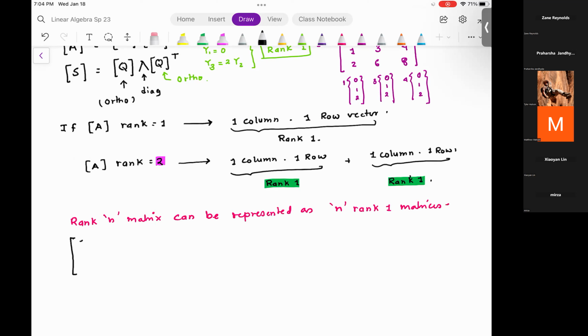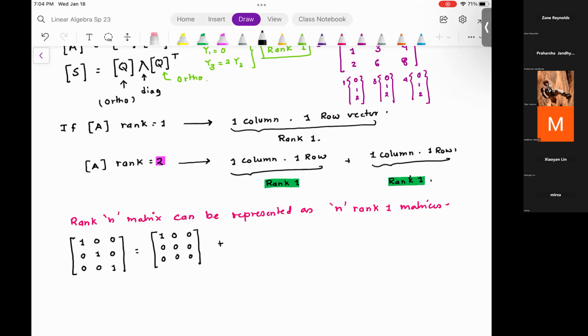Imagine the identity matrix: 1, 0, 0, 0, 1, 0, 0, 0, 1. This matrix can be represented as 3 rank 1 matrices.